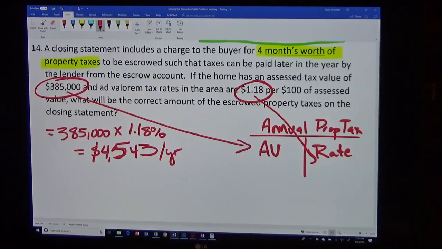And they want 4 months worth of that, so we're going to take the annual $4,543 and divide that by 12 to get to monthly.